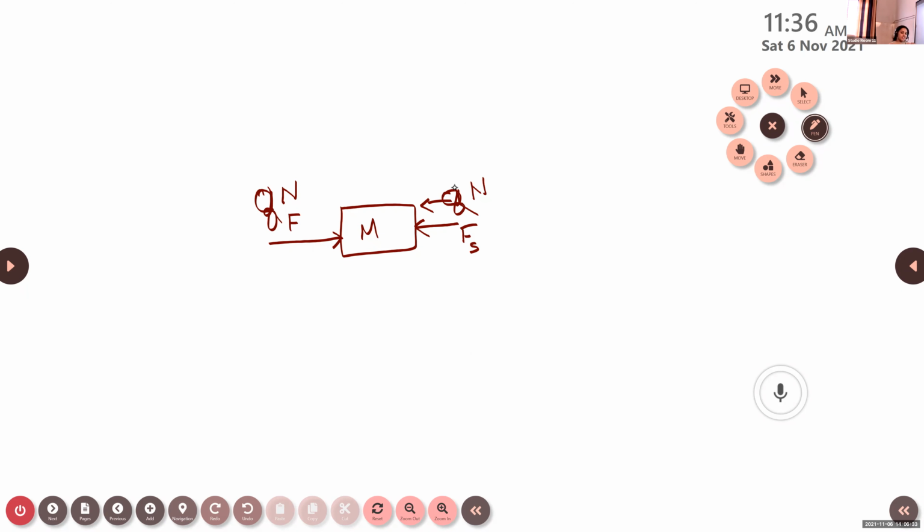From this, we can say that static friction is a self-adjusting force.